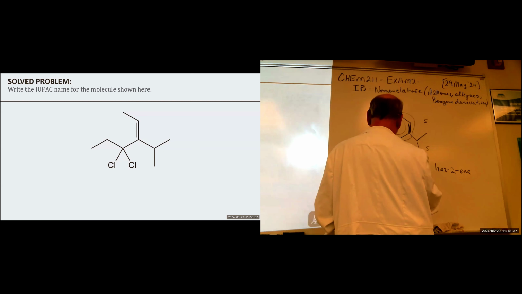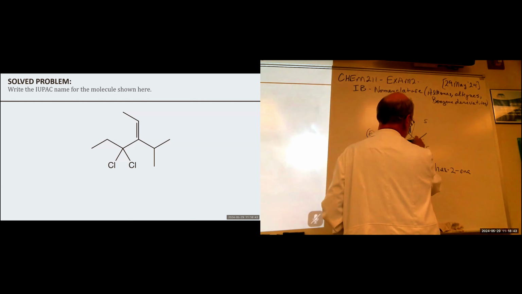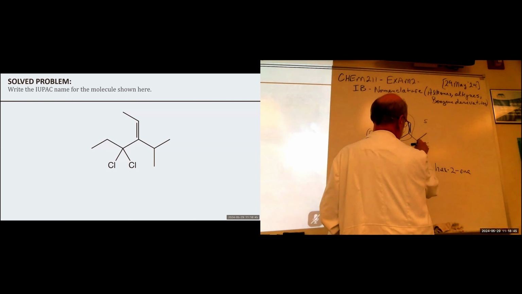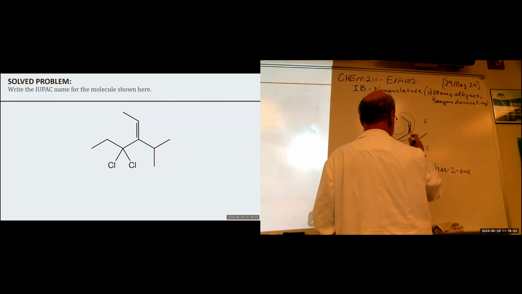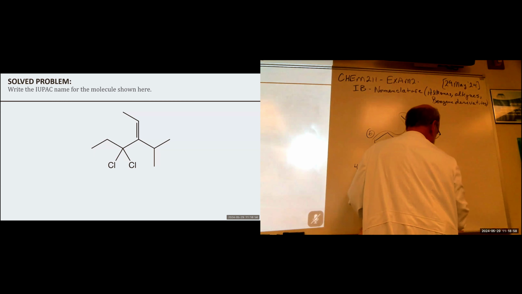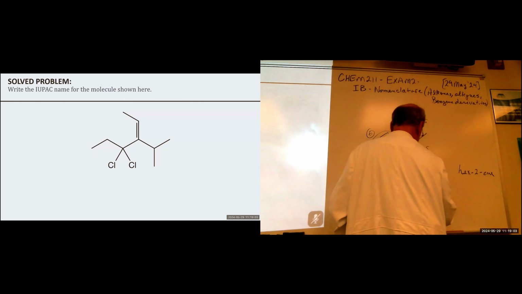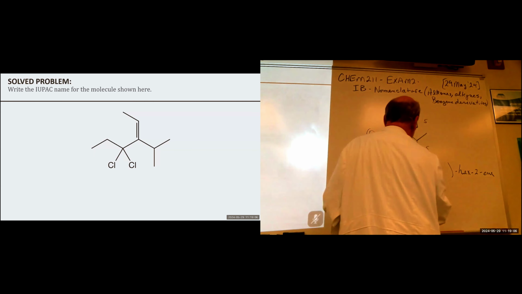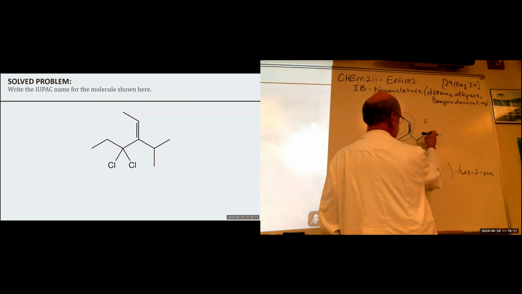But we need this one also. Chloro is probably going to be first. What group is this? That's a carbon and 2 methyl groups. So in this case, we say at the 3 position, we get this group right here, which is carbon, carbon, carbon.